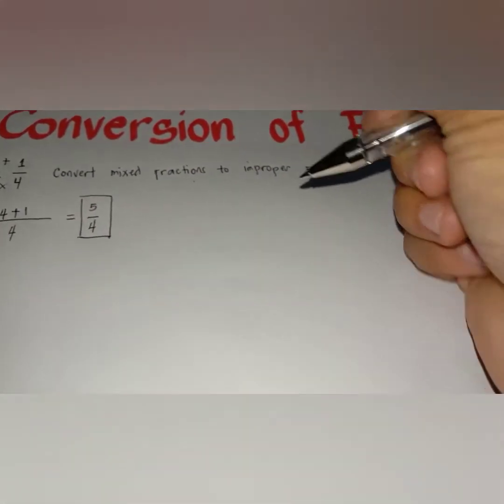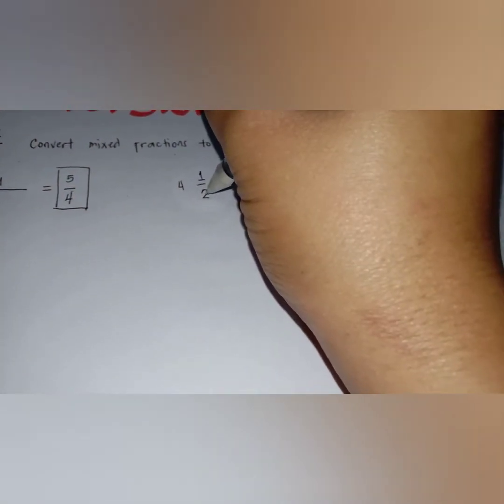So, another example is 4 and 1/2. Okay. Denominator times the whole number. Your answer plus the numerator.